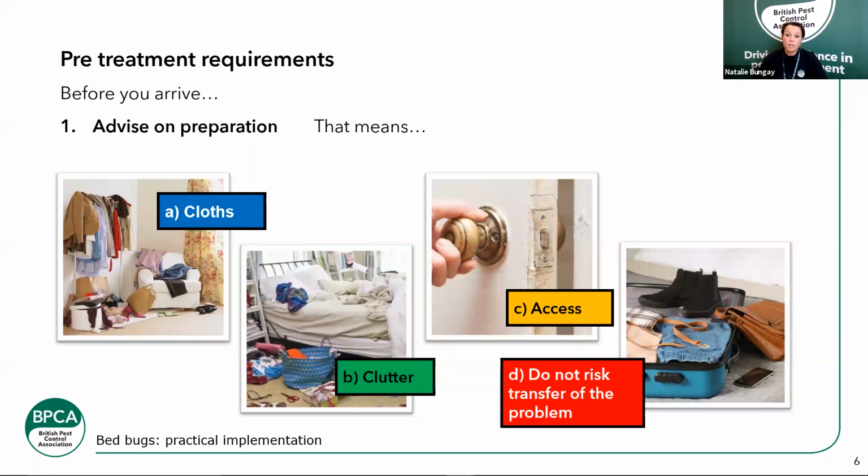So many variables in it. But those pre-treatment recommendations or requirements are important to get the message across why you need them to do it. And then if they don't do it when you've arrived, you've accounted for that possibility and had a contingency plan. Absolutely vital for you.